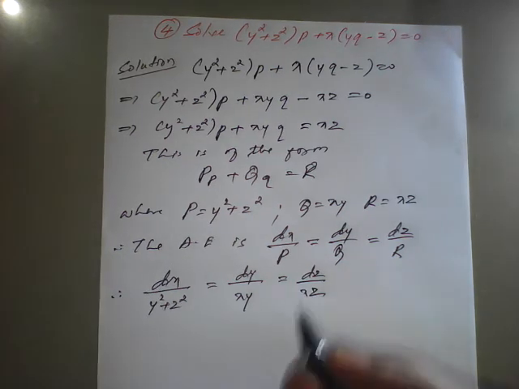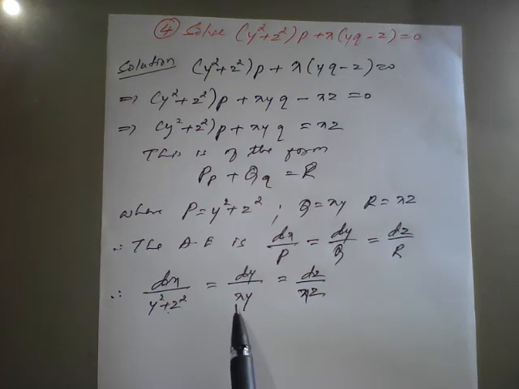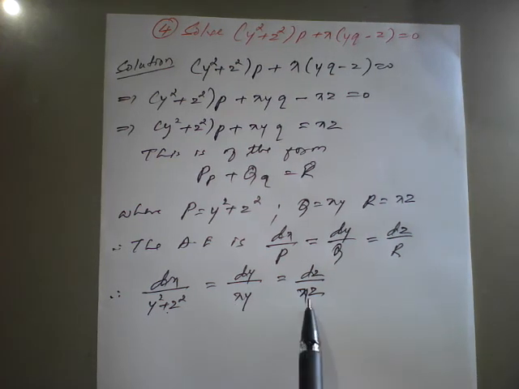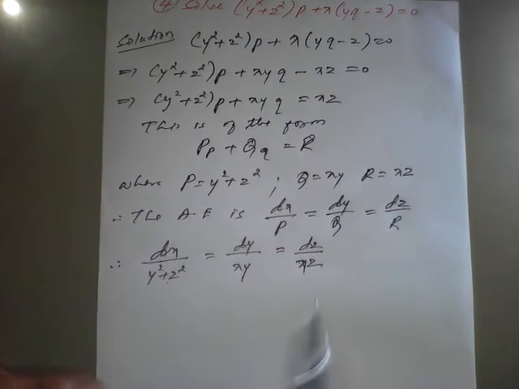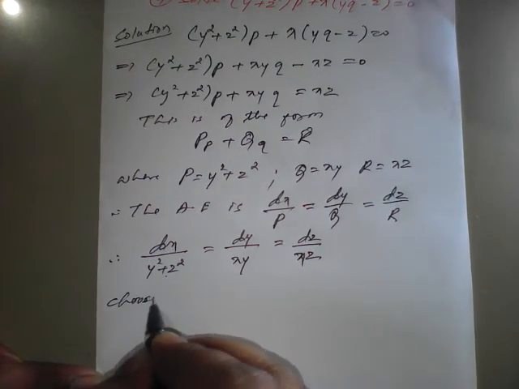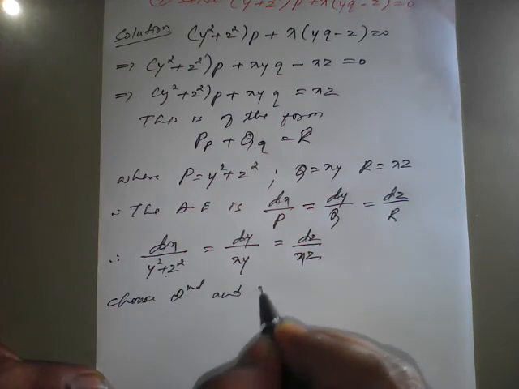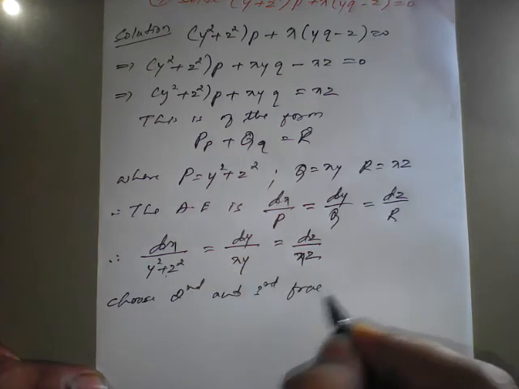Now observe carefully. If I take the first two, it is not possible to integrate directly. If I take the first and third, not possible, but the second and third is possible. So whichever is possible first, we take it immediately. So choose the second and third fractions.